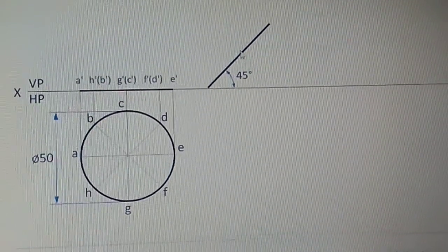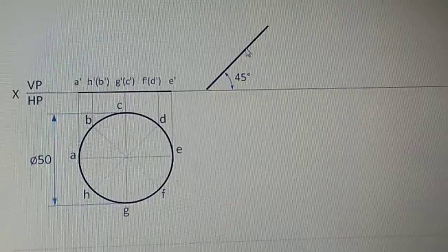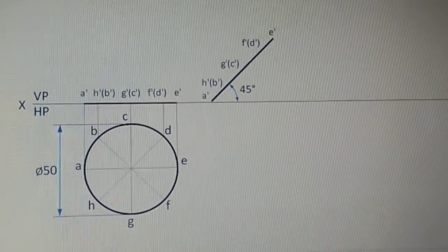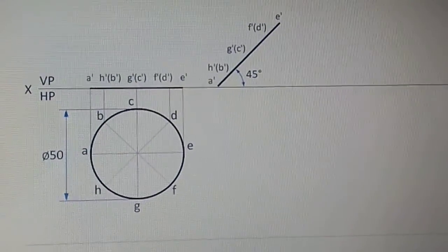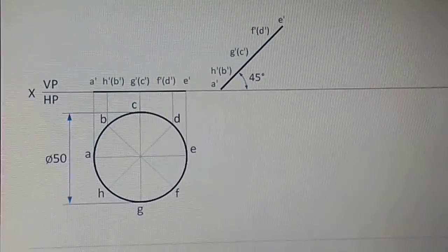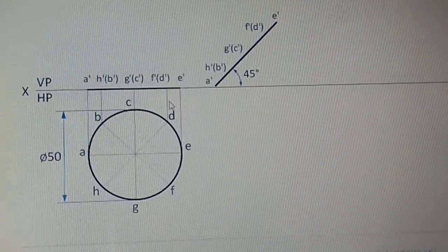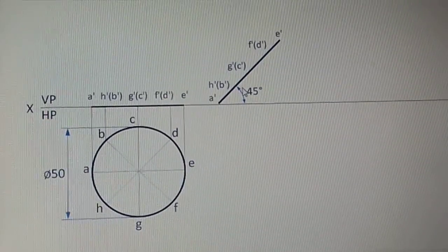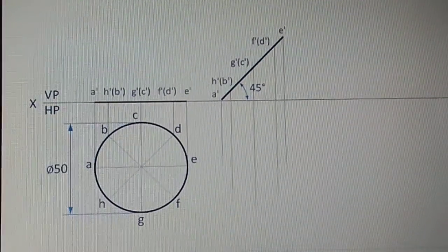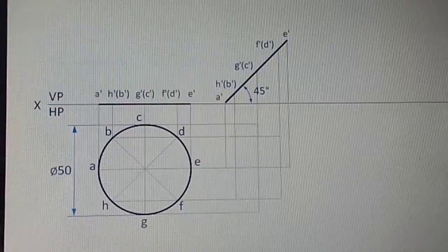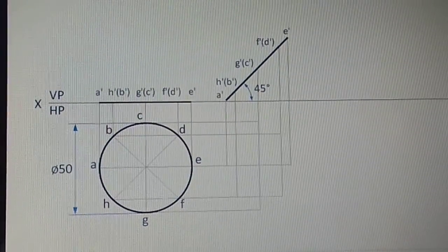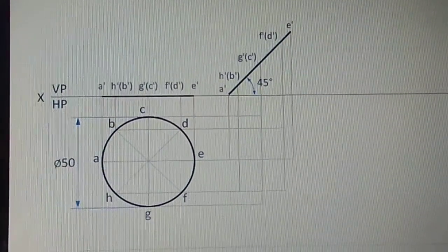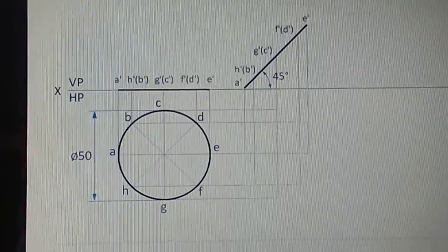So you take it over here and make it thick, and then with the help of a divider or compass you transfer all the points obtained on the front view. Then you draw the projections in the downward direction, and from the top view in the first position you draw the projections towards the right.